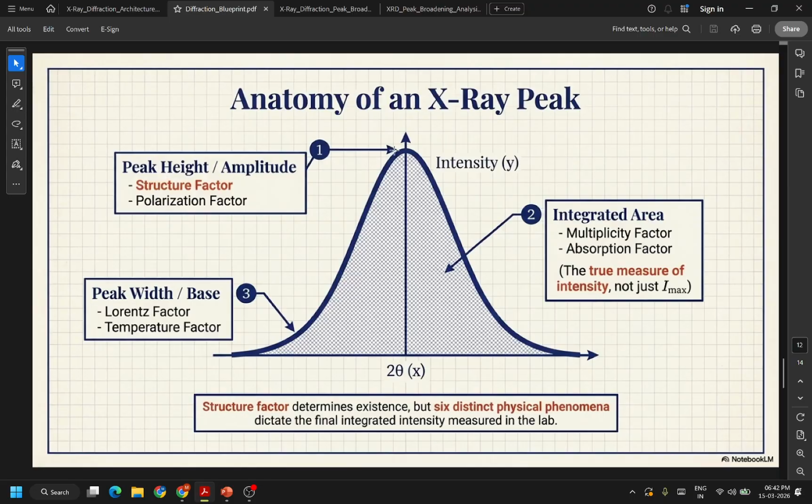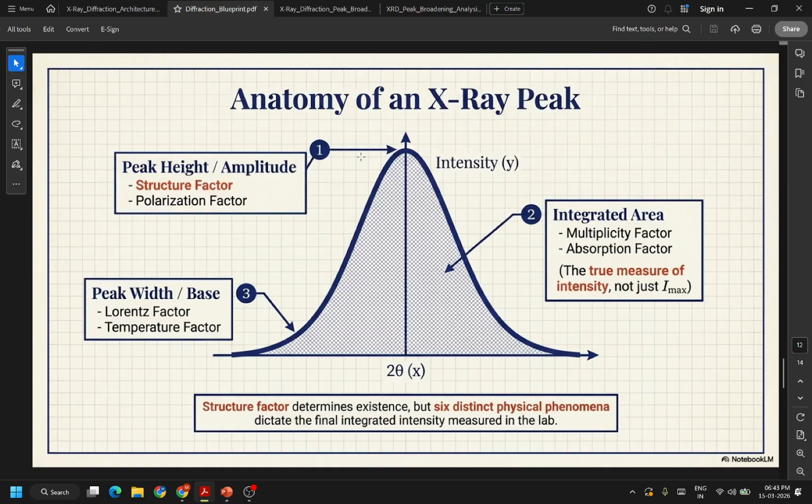First there is the amplitude of the peak, or the peak height, which comes from the structure factor and the polarization factor. Then there is the peak width or base, which comes from the Lorentz factor and temperature factor.